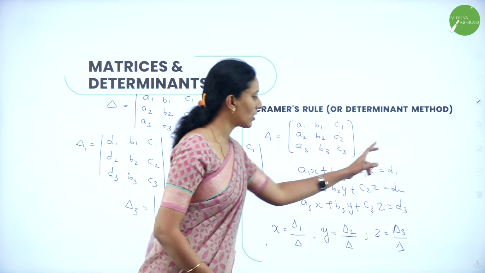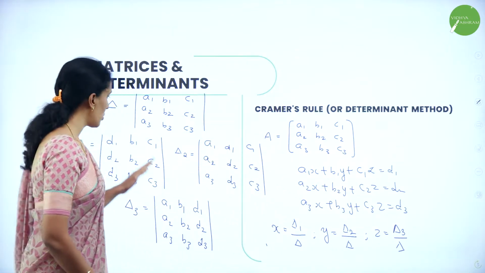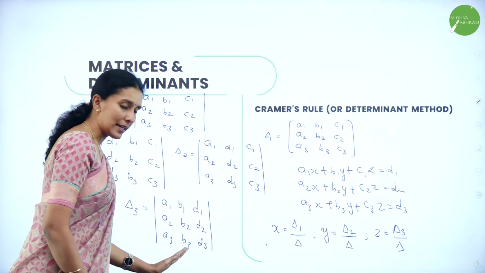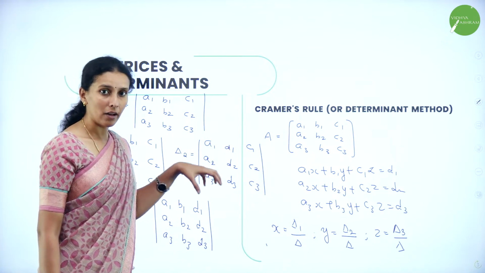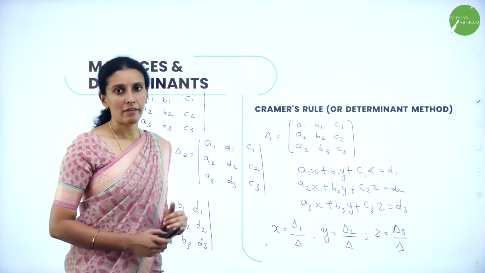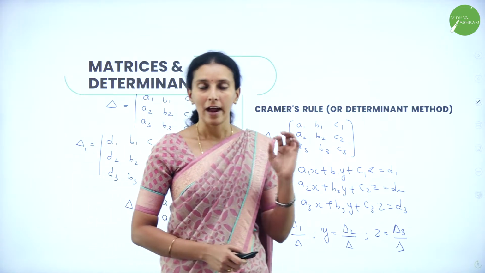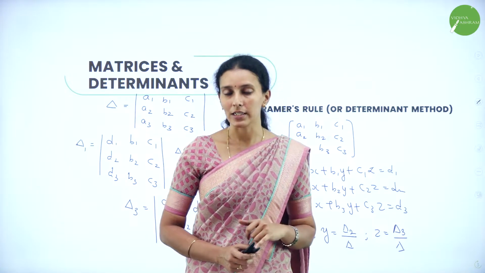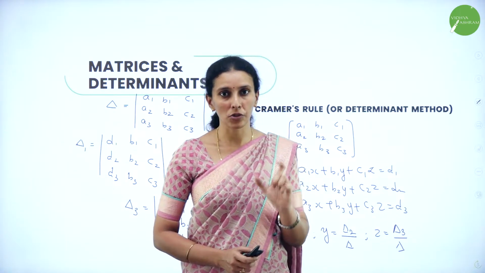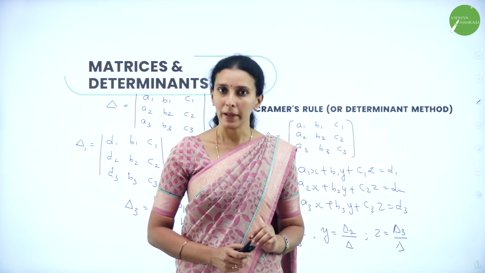Thus, by replacing the constants with the coefficients of x, y and z, you will get 3 determinants. Dividing all 3 determinants by delta, you will get the values of x, y, z. This method of solving linear equations is nothing but Cramer's rule or the determinant method.